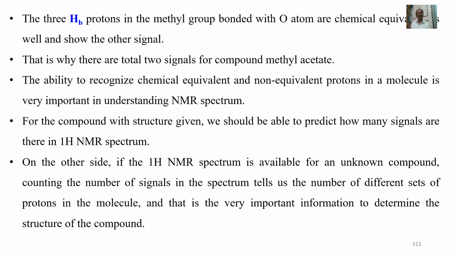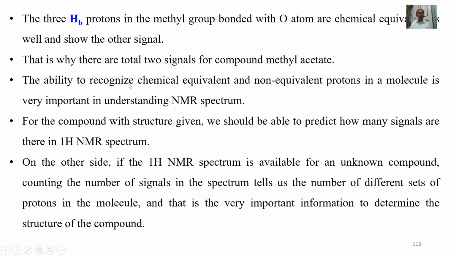On the other hand, the 3 Hb protons in the methyl group bonded with the oxygen atom are chemically equivalent as well and show the other signal. That's why there are two signals for the compound methyl acetate.